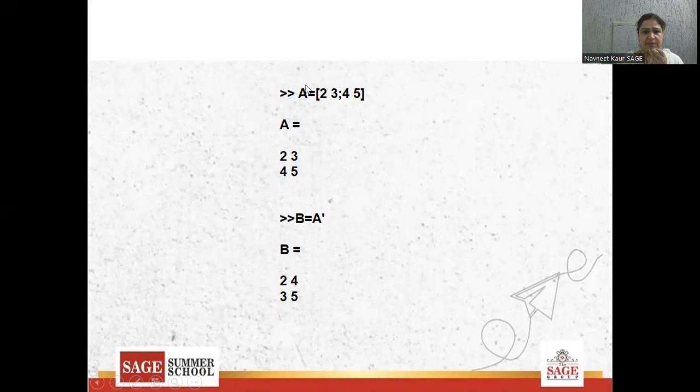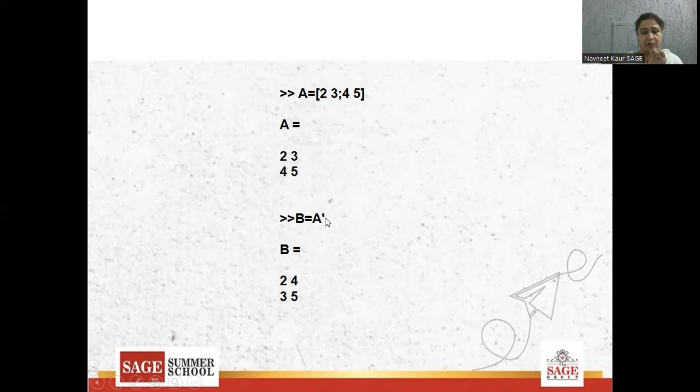Now, I have taken one matrix A, which is given by 2, 3, semicolon 4, 5. That means I'll get a 2 by 2 matrix: 2, 3, 4, 5. Now, if I want to find the transpose of this matrix, I'll use one simple command. I'll generate a new matrix B, which is equal to A dash.